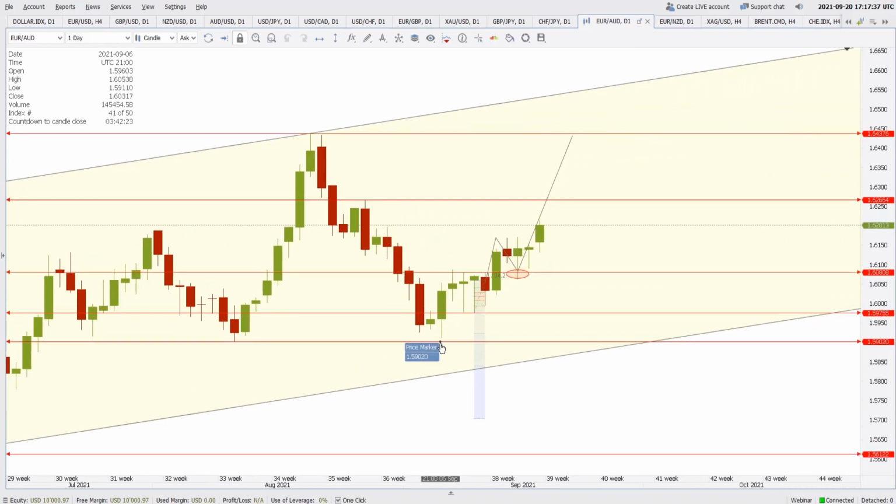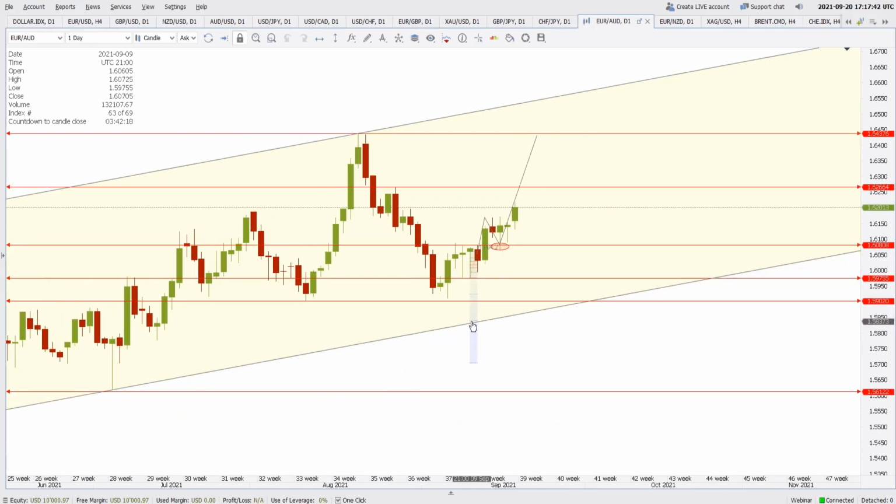Talk about the euro against the Australian dollar. We have already been talking about it, that once this close has been placed above 1.6080, this level is going to act as a support. It has happened on the chart of 15th of September, and then on 16th of September there was a bullish pin bar.